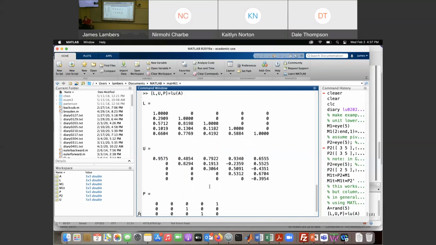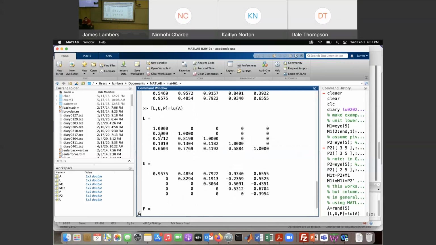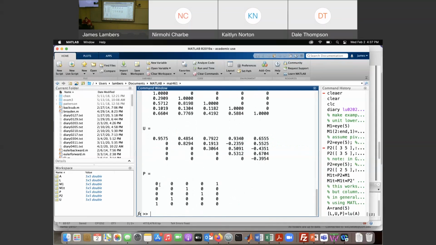All right, so here's the decomposition. Here's the unit lower triangular matrix L. Here is the upper triangular matrix U, the row echelon form. And in this case, we saw that a few row swaps happened, so the order of the rows turns out to be 5, 3, 4, 2, 1.